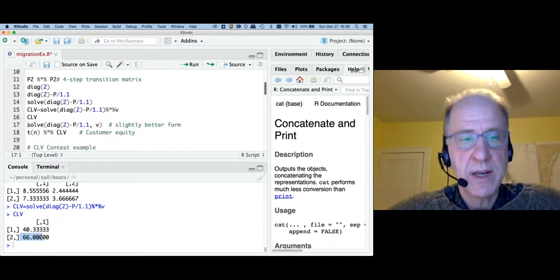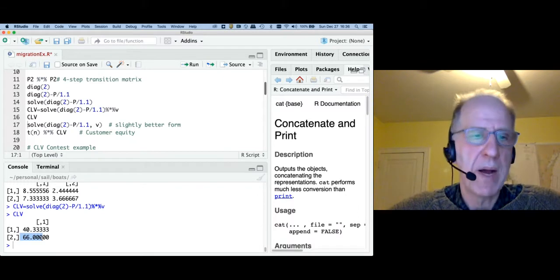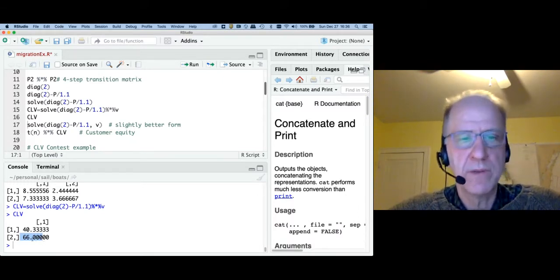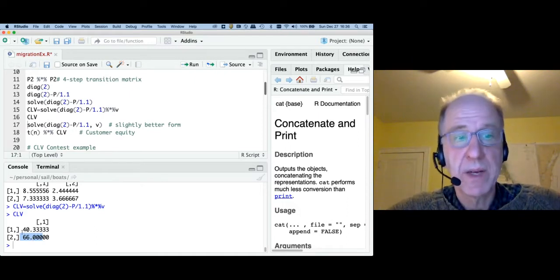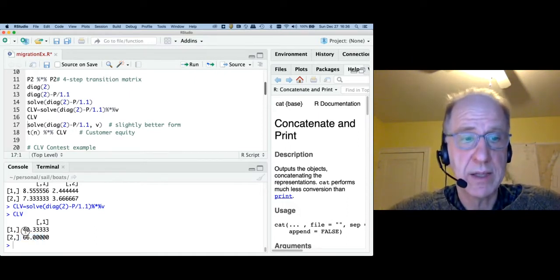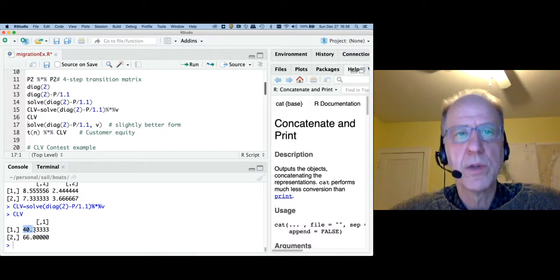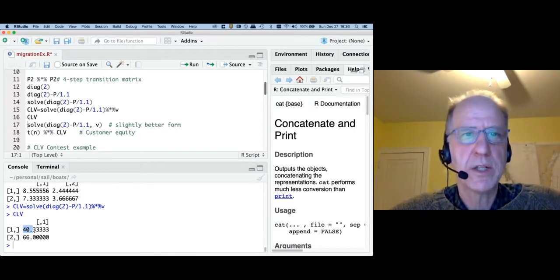What this says is a customer who starts out in the buy state has a lifetime value of $66, whereas a customer who's in the non-buy state is only worth about $40. That's including the transaction that occurs at time 0. And so this ought to make a lot of sense because remember, you make $20 for a buyer.